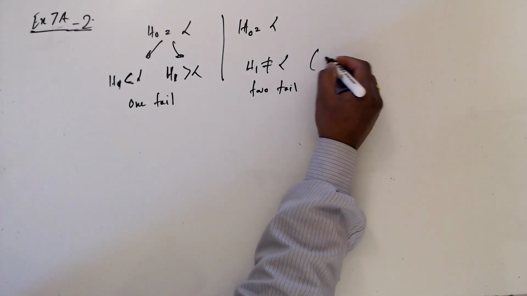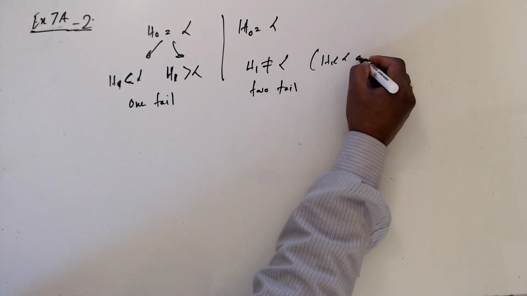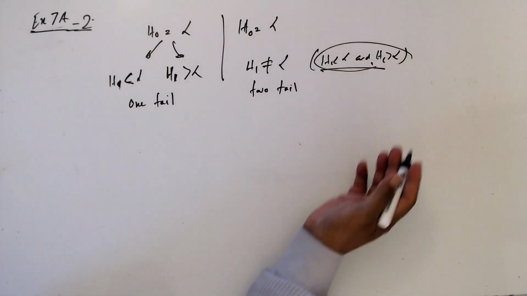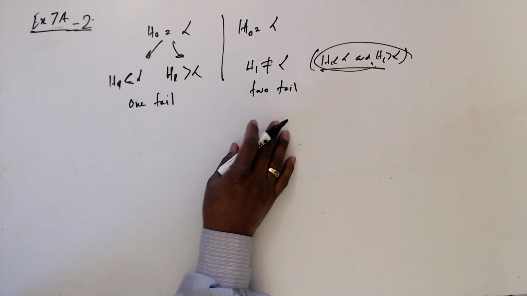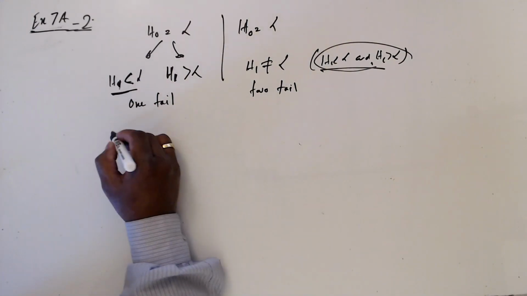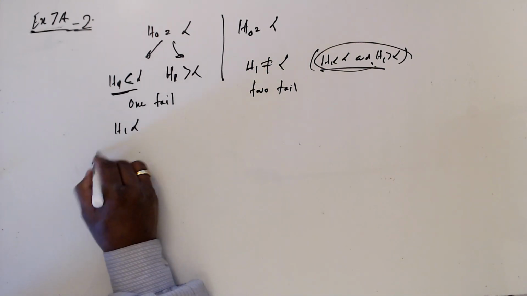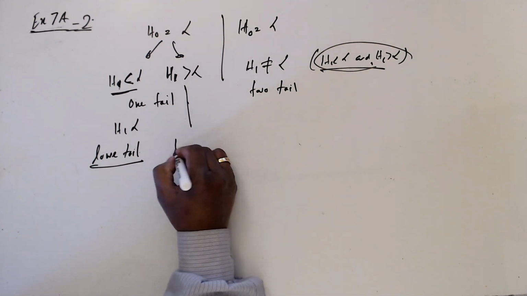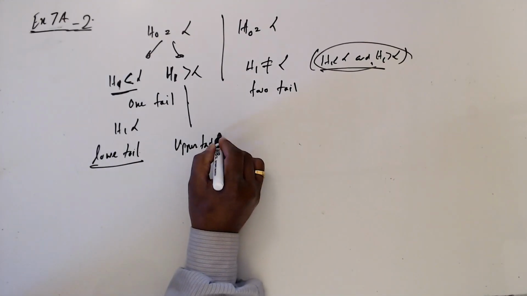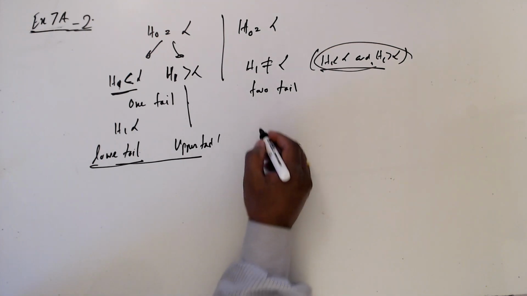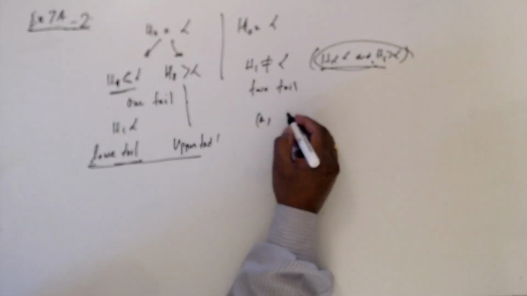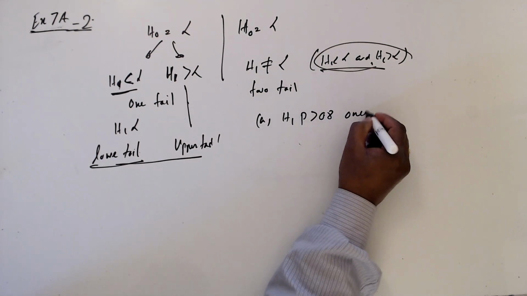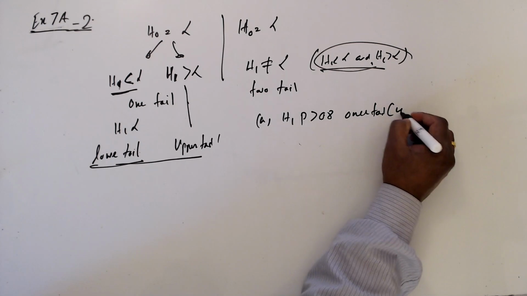So basically H1 less than alpha and H1 greater than alpha, both. Instead of writing these two, we simply write this one. So this is one tail, two tail, and in here we are using the lower tail, and in here we are using the upper tail. Then part A is H1: P greater than 0.8, one tail upper.